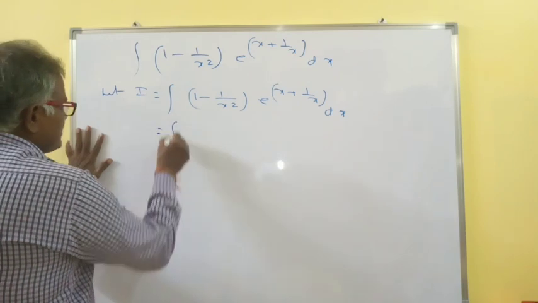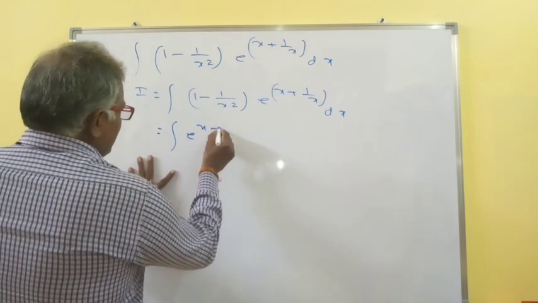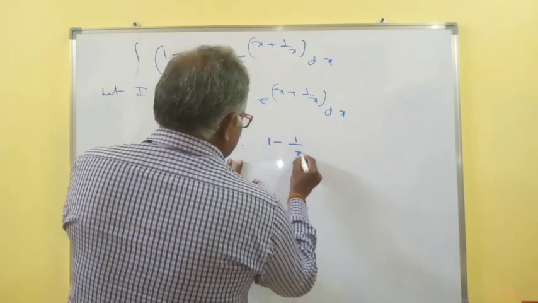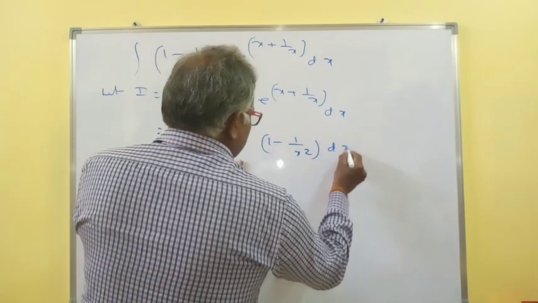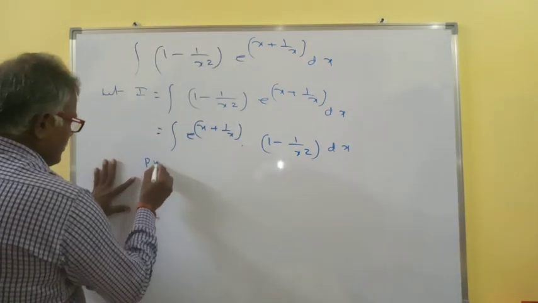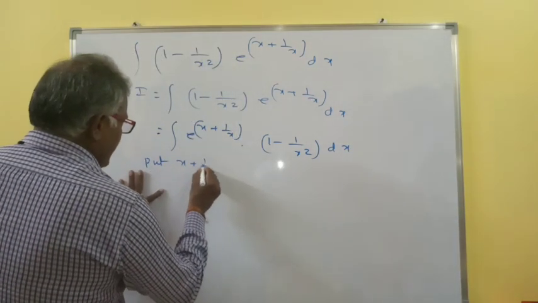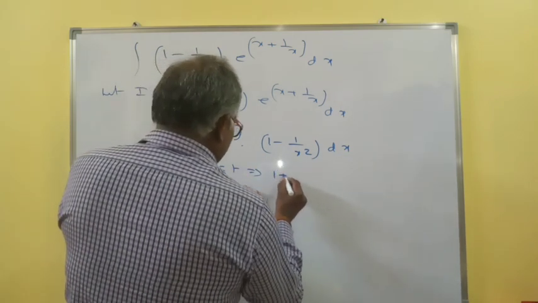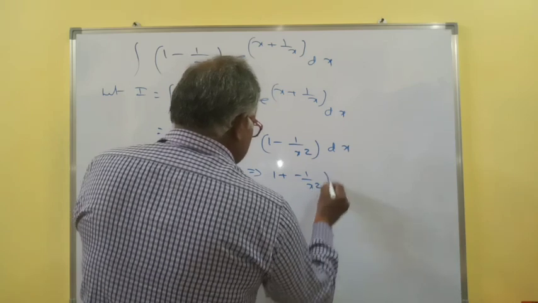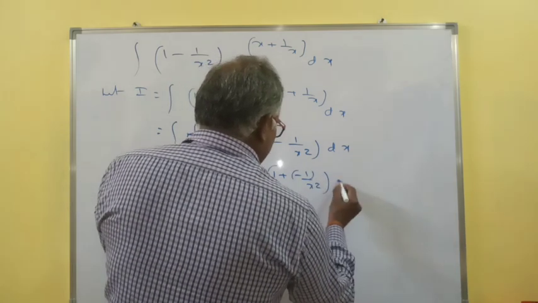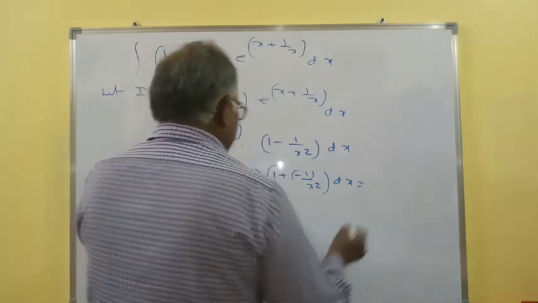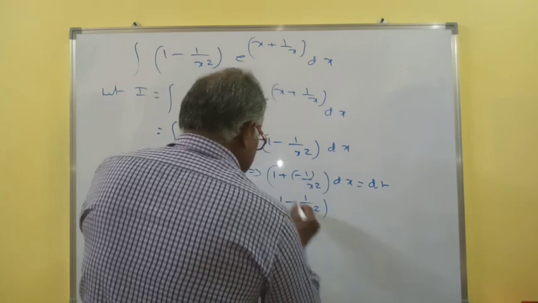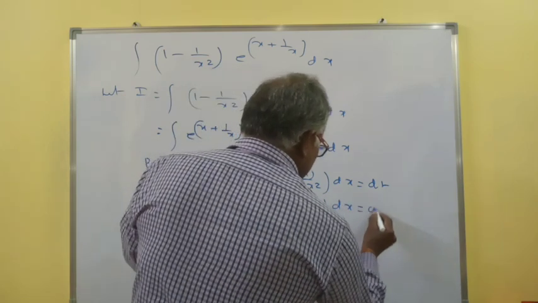So first of all, you should write it like this: e power x plus 1 by x into 1 minus 1 by x square dx. Put x plus 1 by x equal to t. Then 1 minus 1 by x square dx is equal to dt.